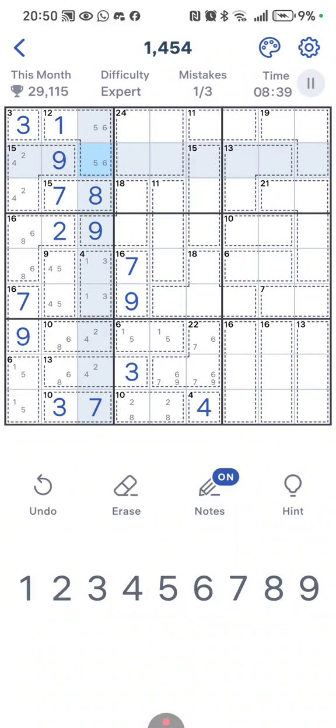Okay, so I'm just trying to do a little bit of quick calculation. 54.